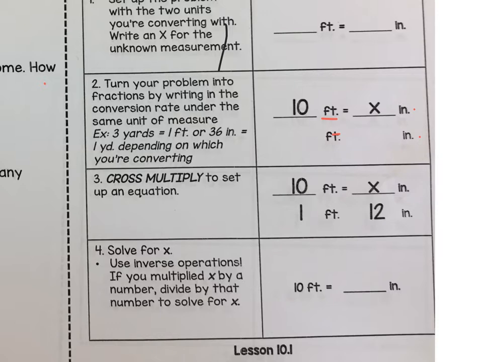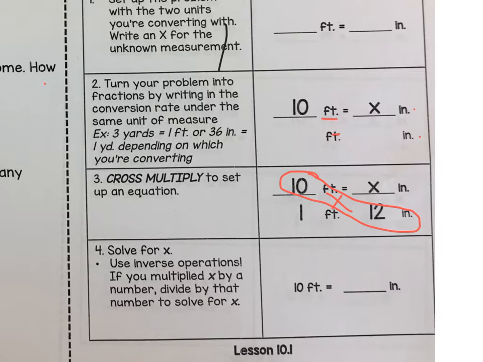A while ago, that cute little saying that I said: big to small, cross them all; small to big, divide the pig. All right, well, this one, I'm going to show you why. I crossed them, right?